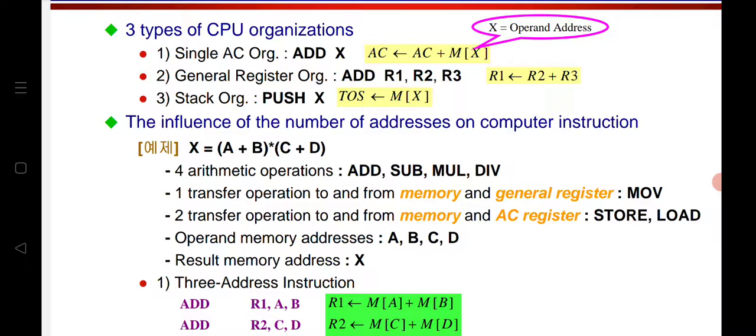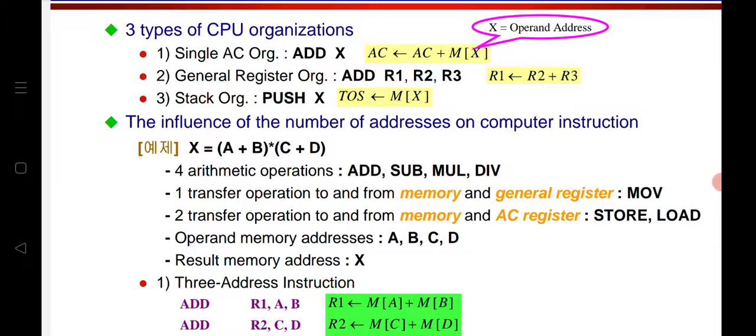What we mean by single accumulator organization is that in the instructions, one register is by default the accumulator register, and the other can be a memory address or any processor register. By default in all instructions the accumulator comes into the picture, and the result will always be stored in the accumulator only.